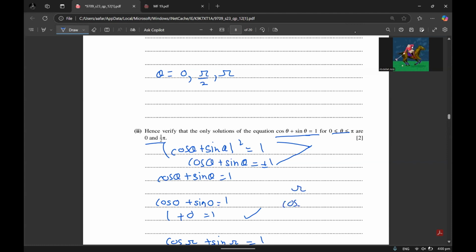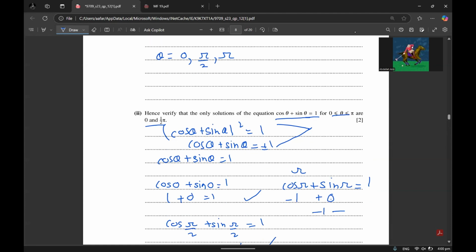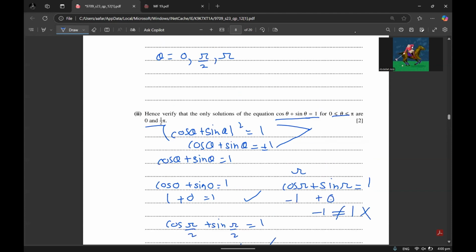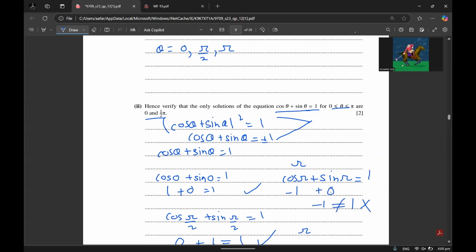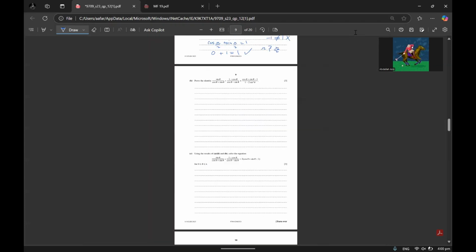So we check pi: cos pi plus sin pi is equal to 1? Cos pi is negative 1. Sin pi is 0. Negative 1 is not equal to 1, and this is false. So the only solutions are 0 and pi over 2. Hopefully, this paper has been solved on the run.